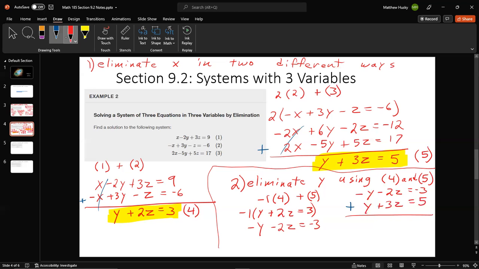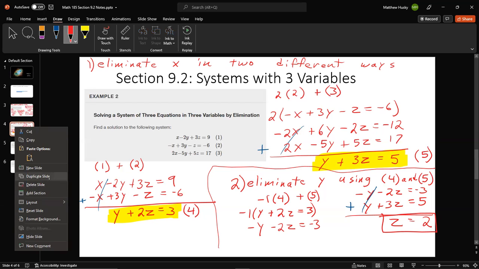We will end up eliminating the y's because you have a negative y and a plus y. Those will cancel out. -2z plus 3z is going to give you z. -3 plus 5 is going to give you the number 2. And so then we have solved for one of the values, which is z equaling 2.